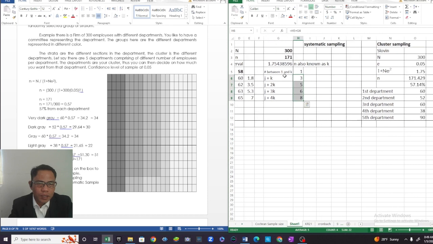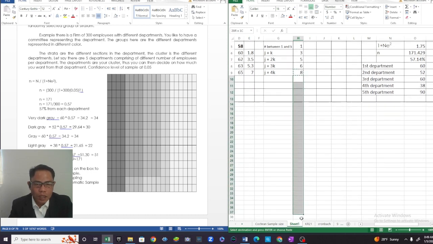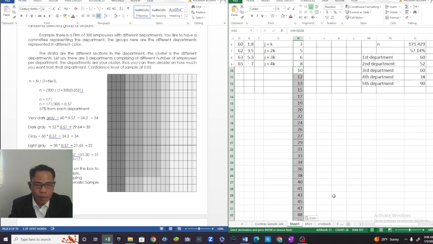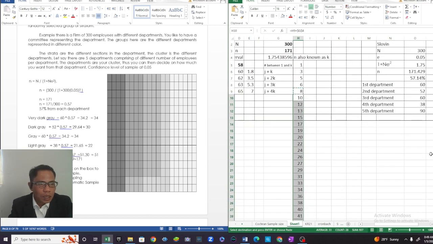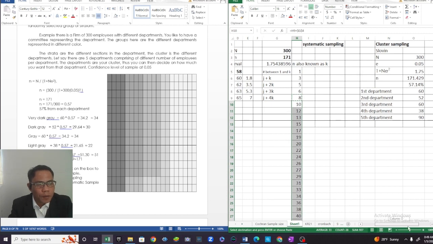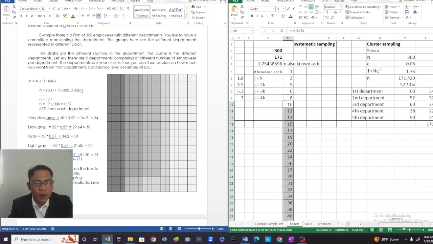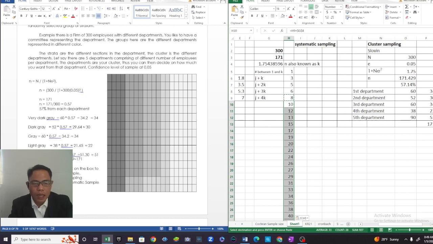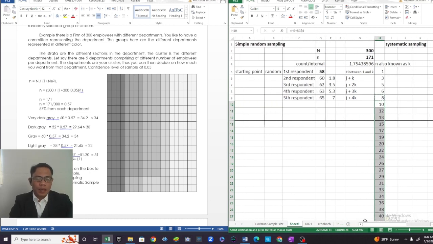So these are the first respondent, second respondent, third, fourth, fifth, and so on and so forth till you get the 34 respondents from the first department. So that's how you get your units or your respondents based on the list.